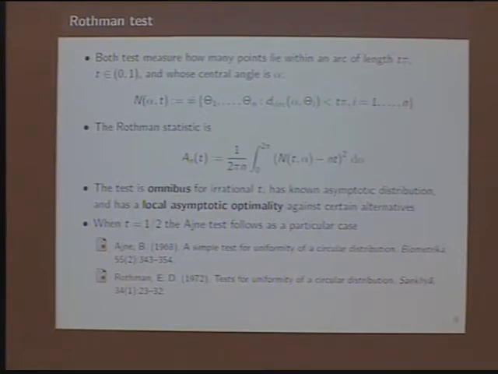So this test is omnibus if t is irrational, otherwise you can find alternatives for which the test won't detect them. And again, we know more or less everything about it. And if t is equal to 1/2, then this is related with the Ajne test, and that's based on semi-arcs, and that can be quite simply extended to the hypersphere, because then it will be just looking into hemispheres. So we will see that later.